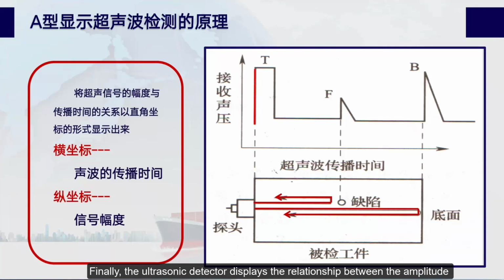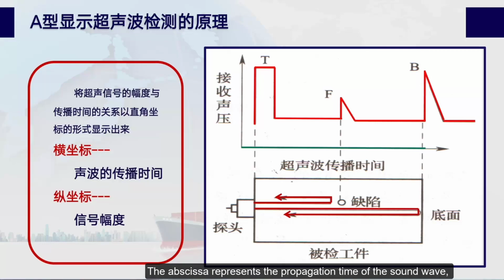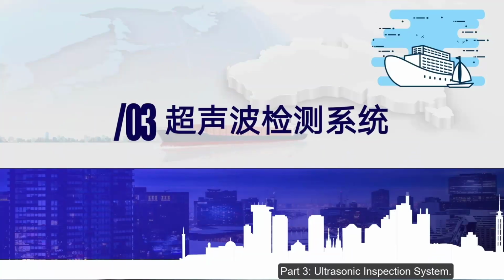Finally, the ultrasonic detector displays the relationship between the amplitude of the ultrasonic signal and the propagation time in the form of rectangular coordinates. The abscissa represents the propagation time of the sound wave, and the ordinate represents the signal amplitude.